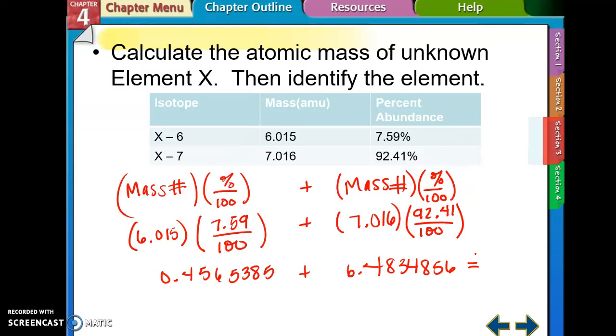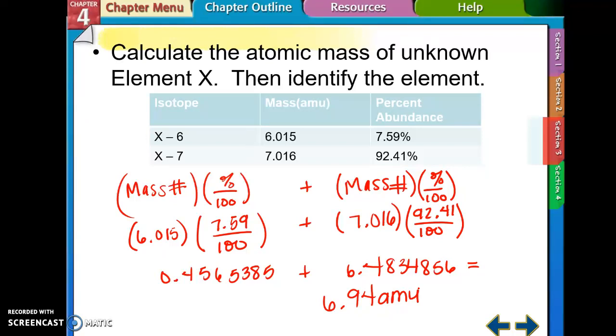Then I'm going to add those together. And I'm going to end up getting 6.9400, so I'm going to round that to 6.94 AMUs. If there were 5 lines in that table that gave me the initial information, I would end up with 5 different numbers and add those together.